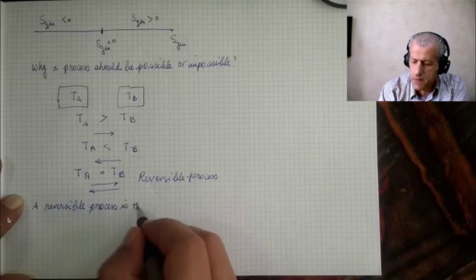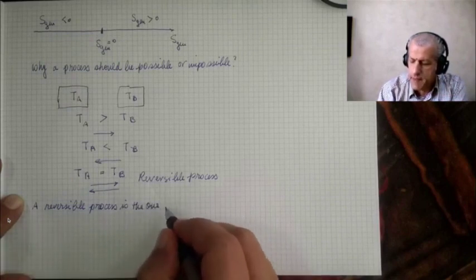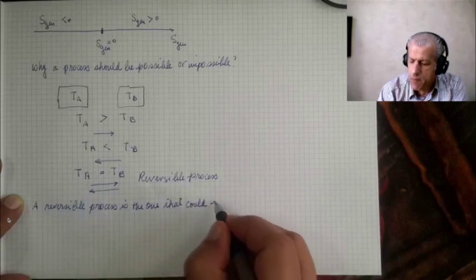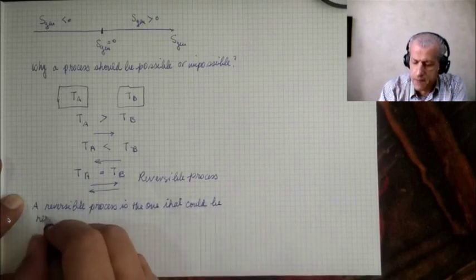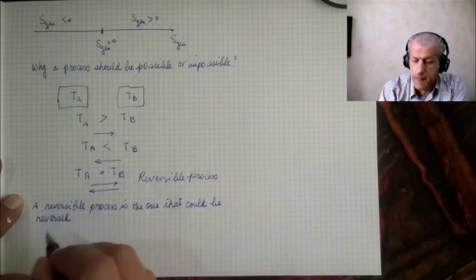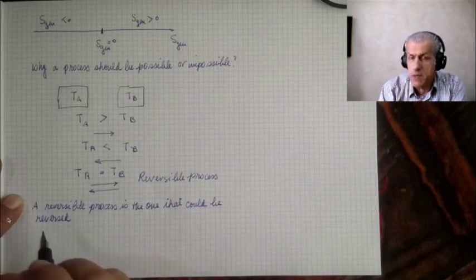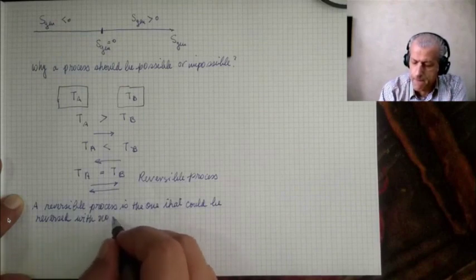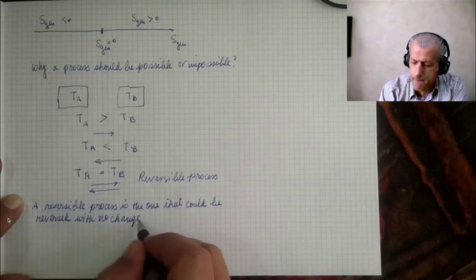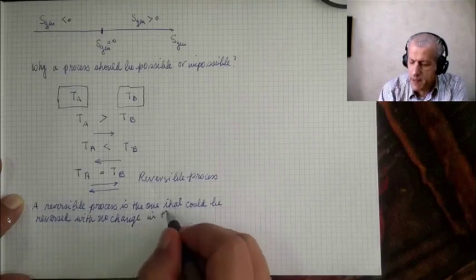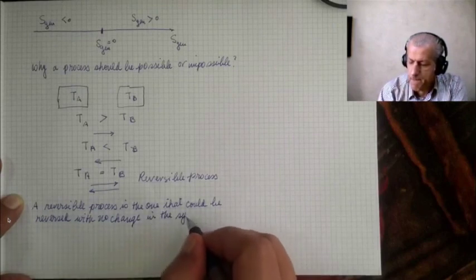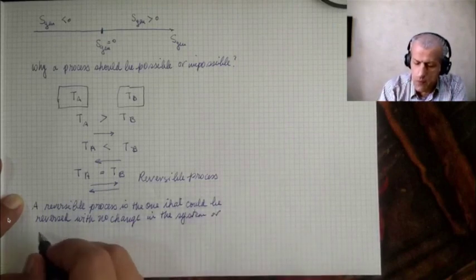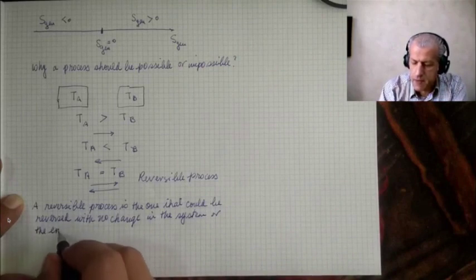A reversible process is one that could be reversed with no change in the system or the environment.